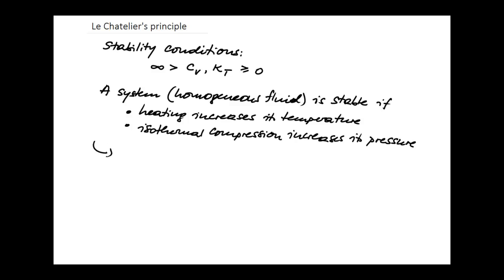And as a result, whenever you create a heterogeneity, so for example you have a gas in a container, and then by force you push some of the gas into one corner of your container, then this will increase the pressure in that corner of the container.